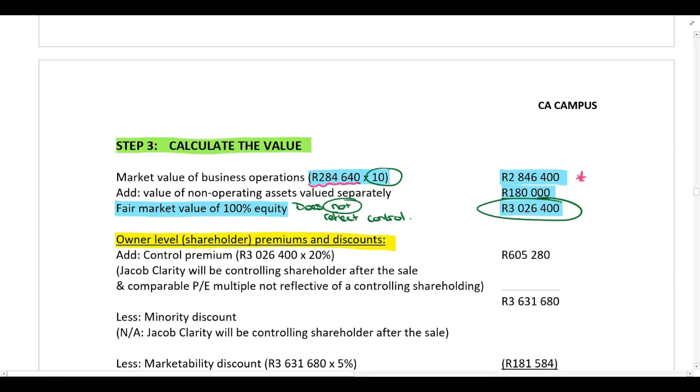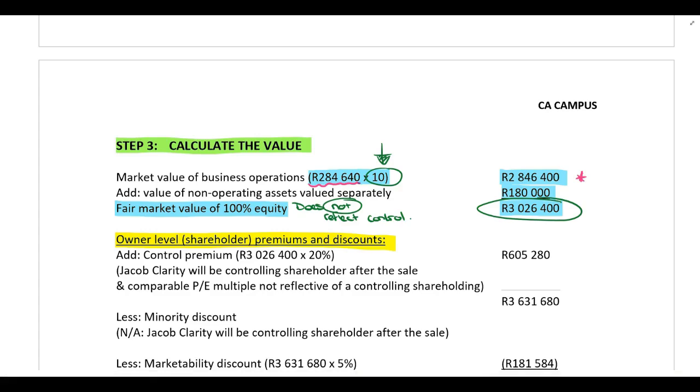So this value does not reflect control. So please read the question carefully. If you are specifically told whether the multiple reflects control or not, then obviously do what you are told. But if the question is silent, it's safe to assume that the value does not reflect control because the PE multiple of the similar listed company should not normally reflect control.